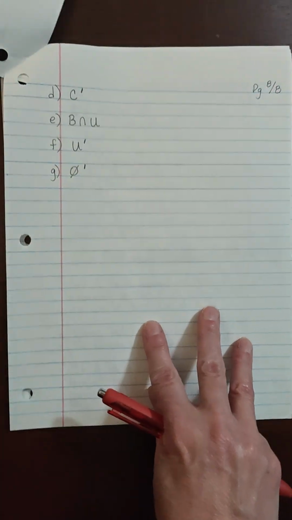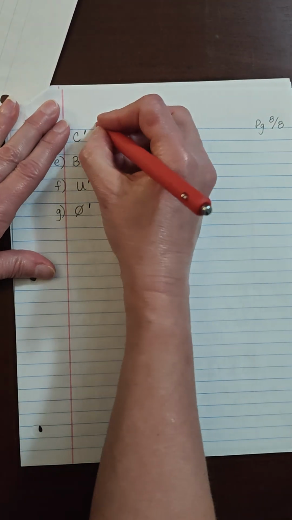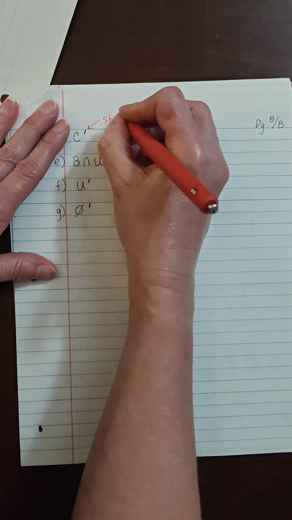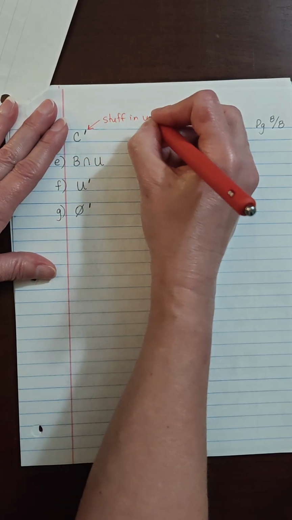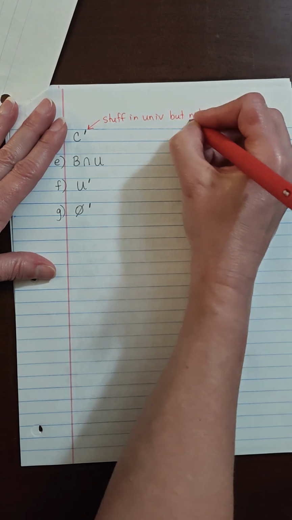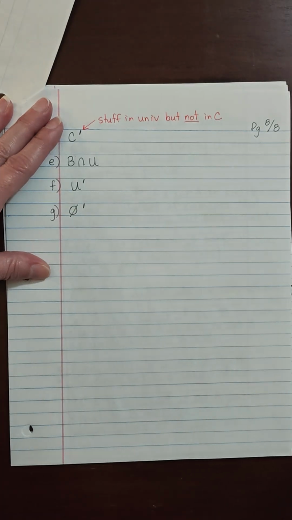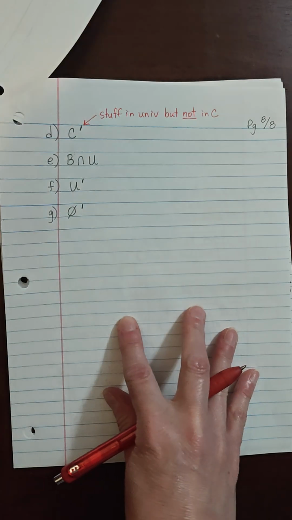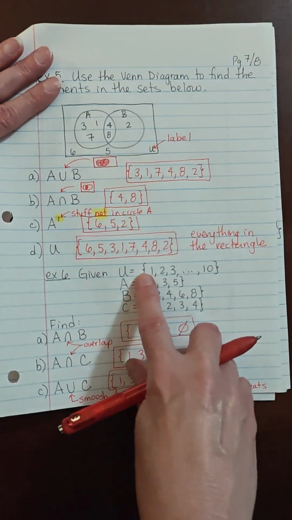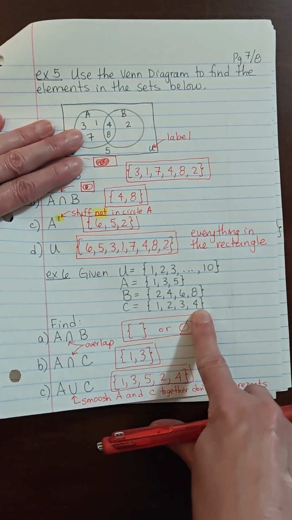Okay. So I'll have to do some flipping back here. This is the stuff in the universe, but that's not in set C. Okay, so we got to go back, see what the universe is. The universe is the numbers 1 through 10, and C is 1, 2, 3, 4.